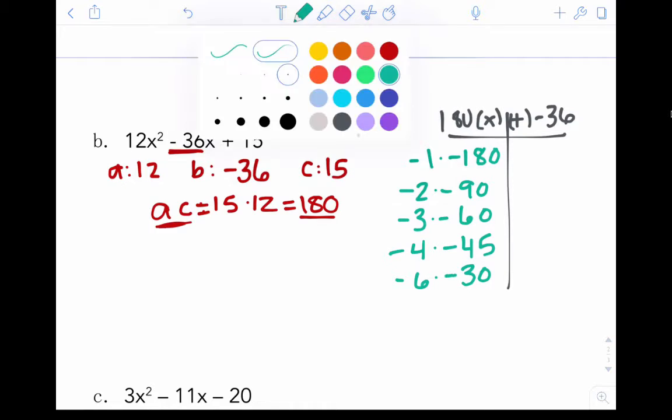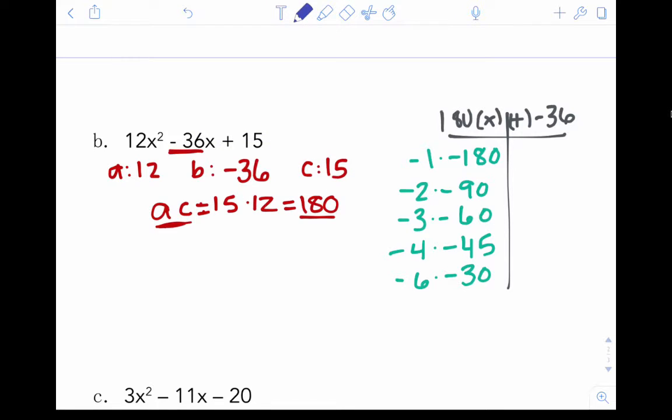And I'm going to pause for a second because I notice that negative 6 plus negative 30 is negative 36, which is what I'm needing. So these are my factor pairs.